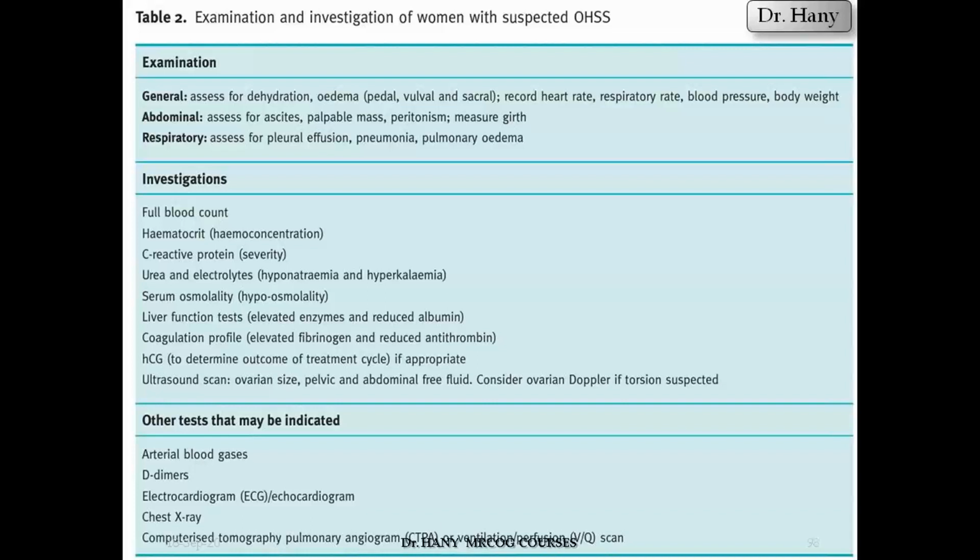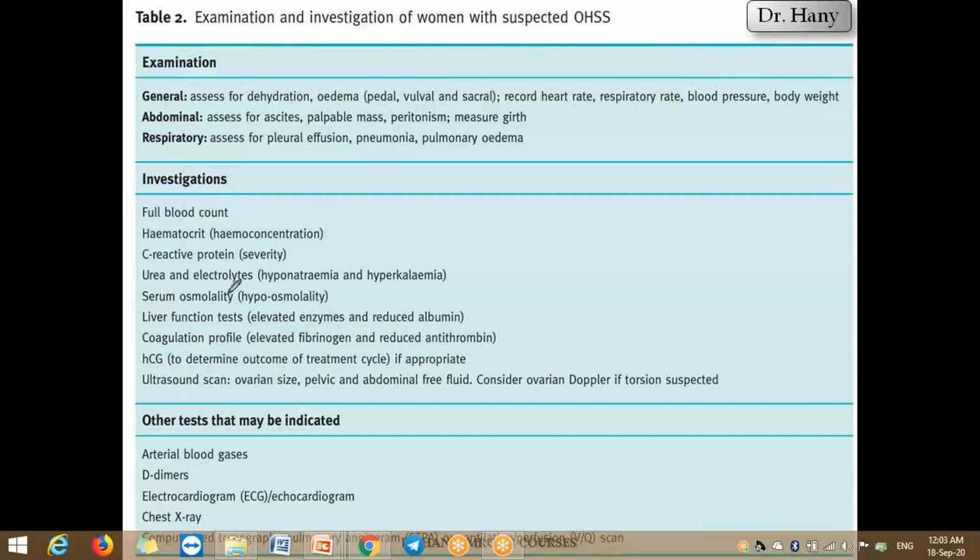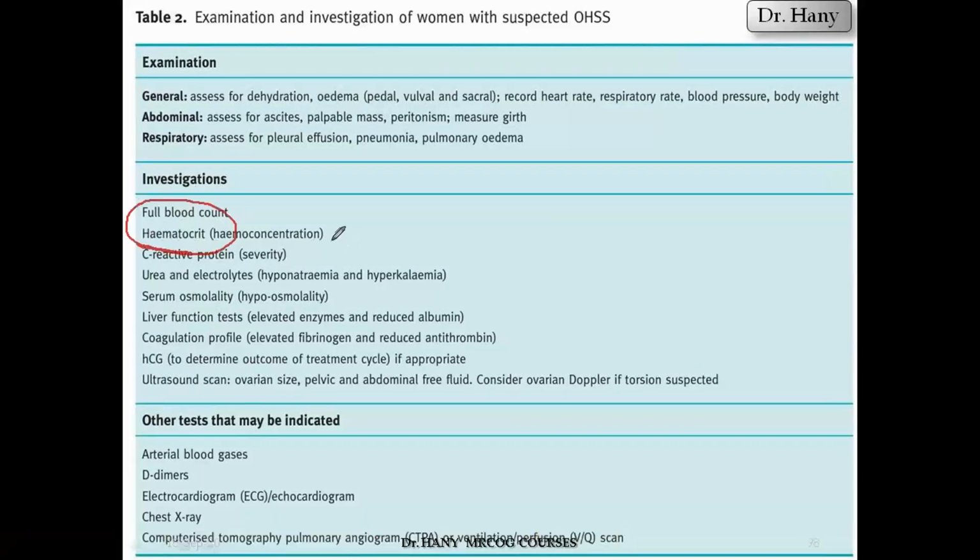Investigation: a full blood count, hematocrit, C-reactive protein. I am going for the hematocrit because it will make a difference. It will classify moderate, severe, or critical. Urea and electrolytes, C-reactive protein, osmolarity, liver function, coagulation profile, beta hCG.